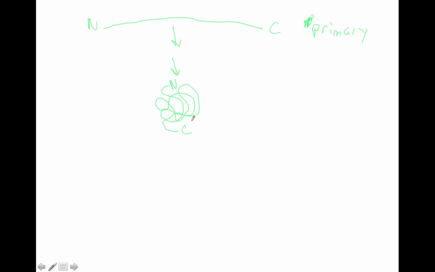And remember, the protein that assists in this is called the chaperonin. Now, often this is all that's necessary. We have a nice fully functional protein. But sometimes we have to go through a process called post-translational modification. So let's go ahead and write that long word here. Post-translational modification.